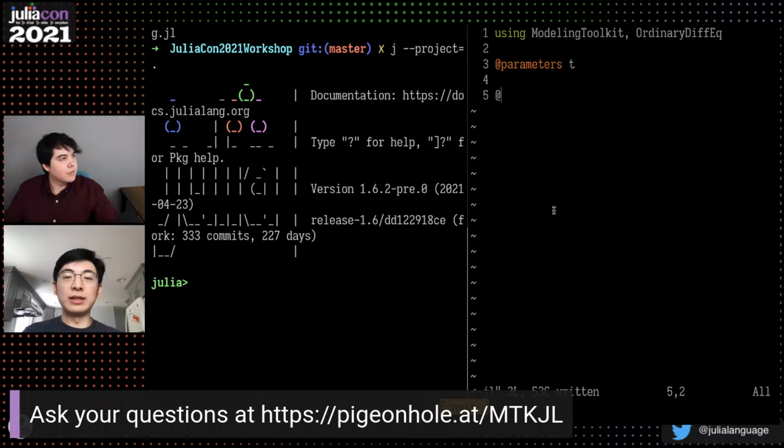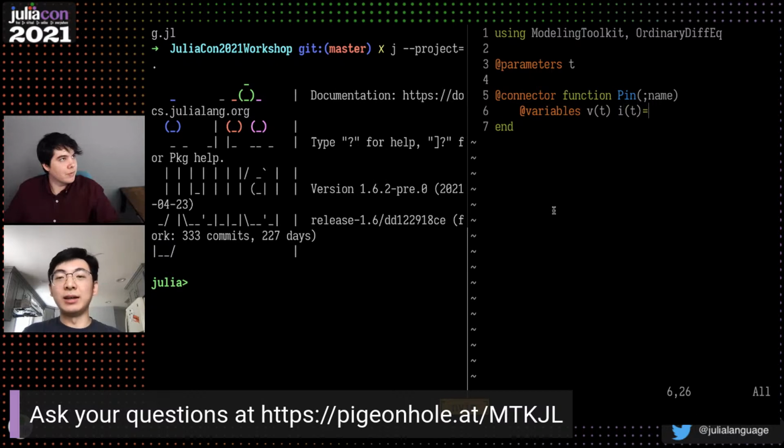So we want to instantiate a connector called a pin, and all the components should take a name keyword argument. It contains variables: voltage that depends on time, and current that depends on time. Also, we can specify the default initial conditions, so we can just say default to 1.0.